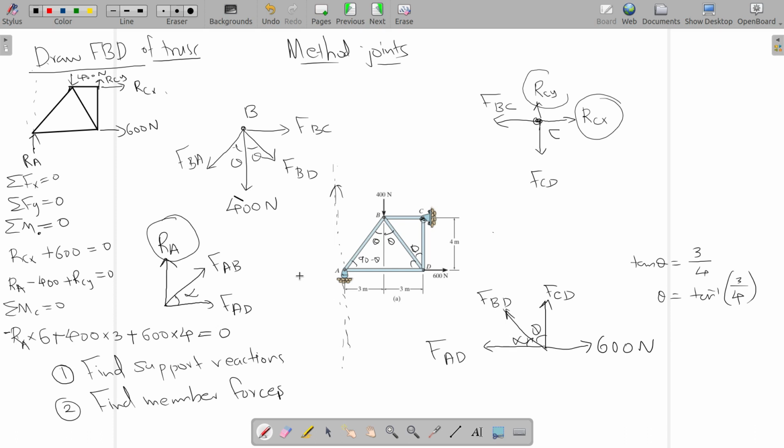And if you get negative values for these member forces, you will say that the assumed direction, which in this case is tension everywhere, is wrong and you have compressive force in the member. So if the value is positive, you say that the assumption is right and you actually have tensile forces in the members. So that's how we deal with this problem.